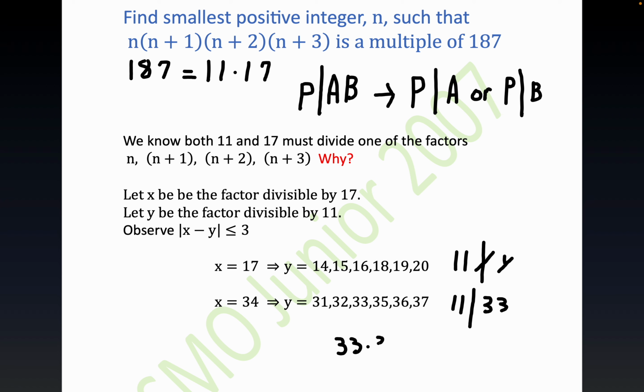The product 33 times 34 is already divisible by 187, or is a multiple of 187. Those are equivalent notions. But those would have to be the last two numbers in this product of four consecutive natural numbers. And so what we get right here is 32 is our next one. We just have to tack this on to satisfy the conditions. 33 times 34, I repeat, is already divisible by 187, but that's not the full conditions of the problem.